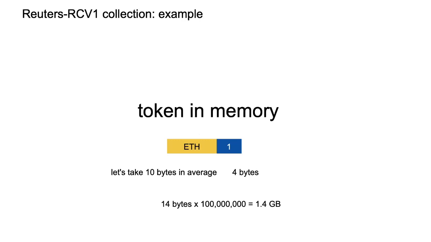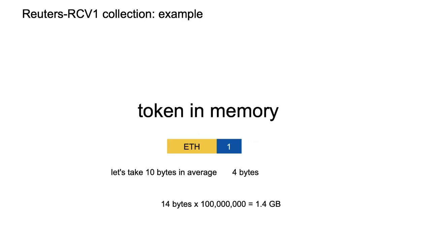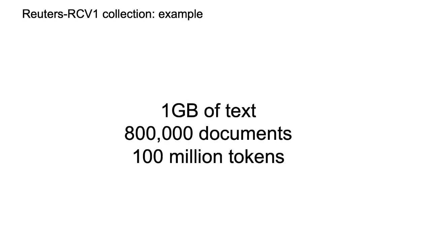Why 4 bytes? Well, let's think. 4 bytes is 32 bits. So that is roughly 4 billion, right? 4 billion should be enough, because we said we only have 800,000 documents, right? So 32 bits are fine in order to index that, right? Of course, once you index the internet, it's going to be more than 4 billion. So you probably need 64 bits instead of 32, right?